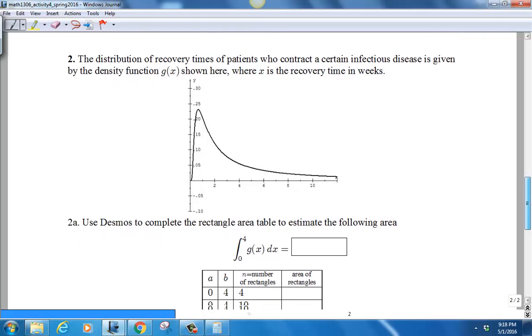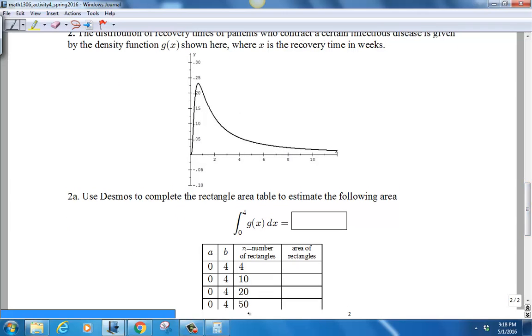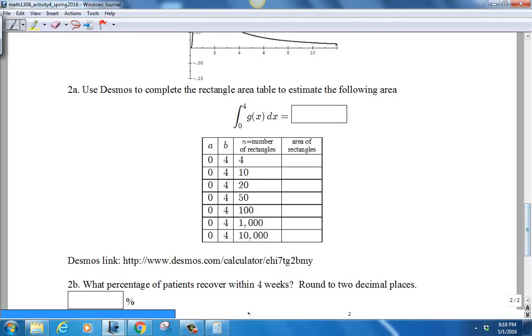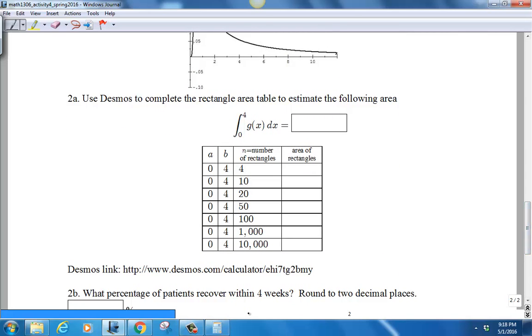Again, this one is already set up for you. The formula for this curve is already typed into Desmos, so you don't have to worry about typing in that formula. All you have to do is go to this URL in Desmos, and it will bring up this density curve for you. You can find a link to that web address right in WebAssign on the announcements page.